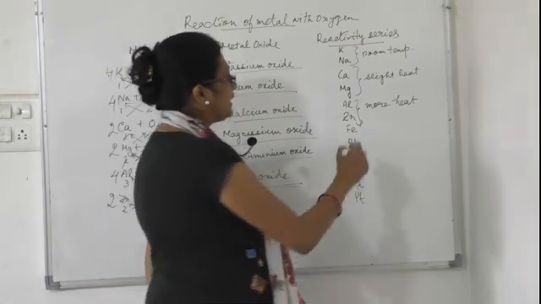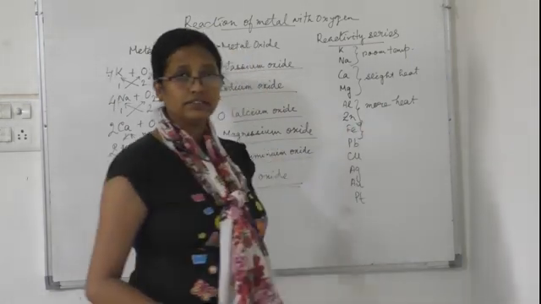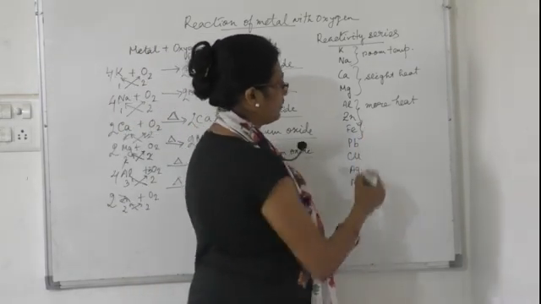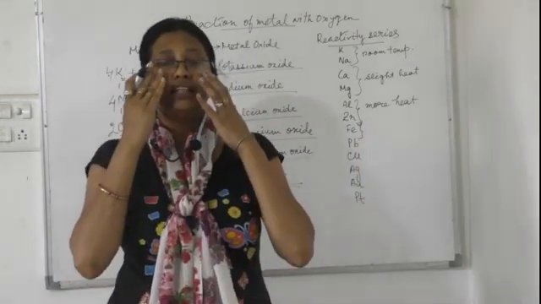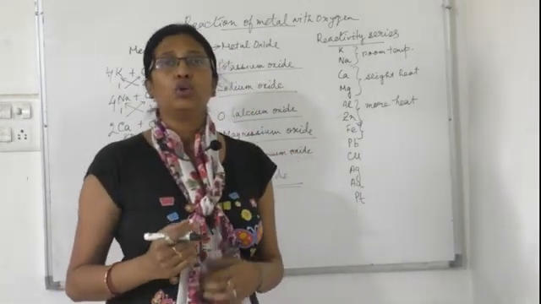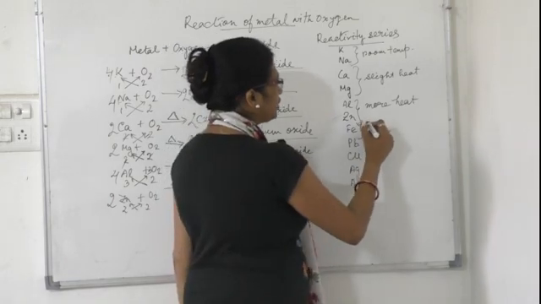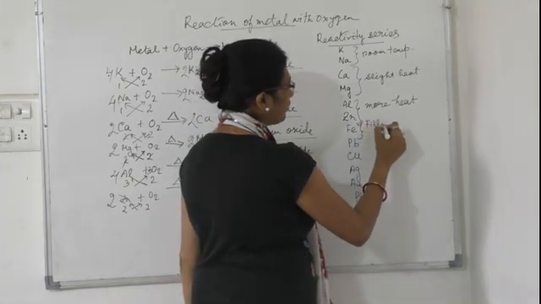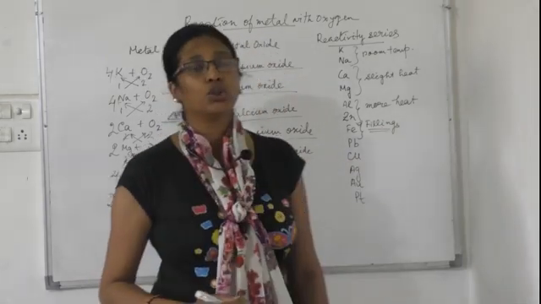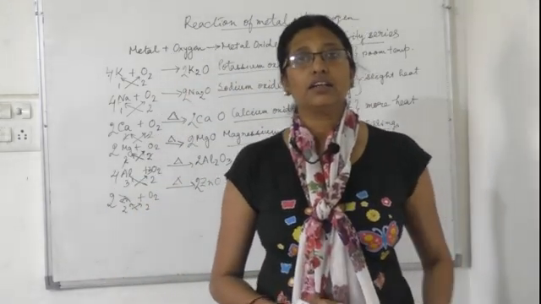Now next is iron. In case of iron we need extensive heat. That is why when we are doing any experiment we use iron filings to have the reaction much more easily.